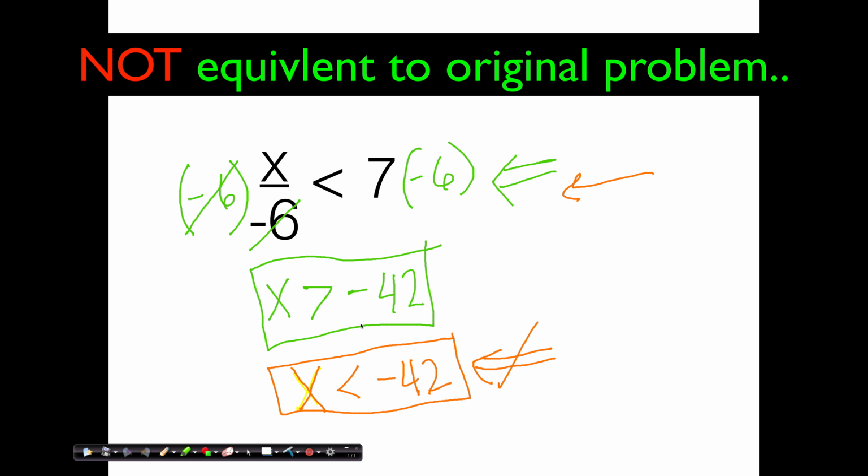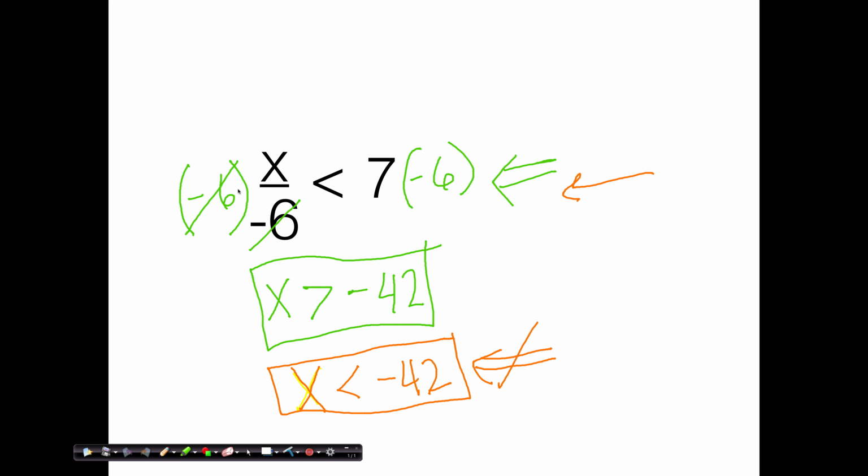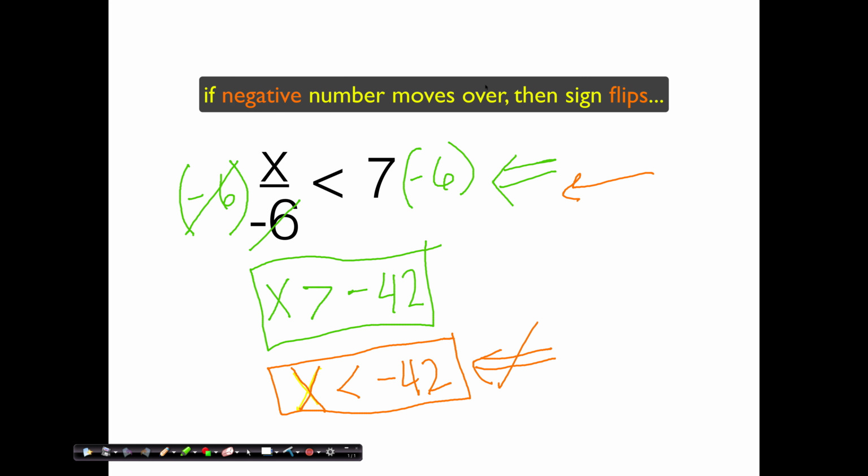So again, whenever you are transferring a negative integer from one side of the inequality to the other, the sign must be flipped.